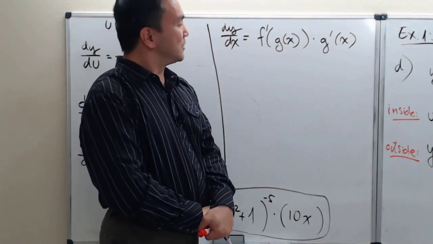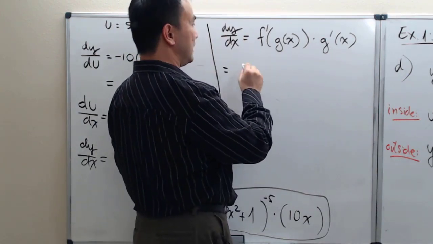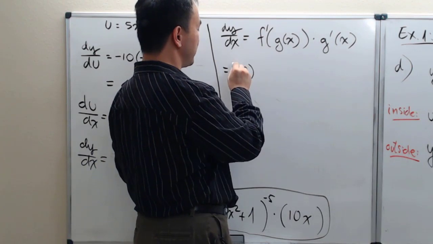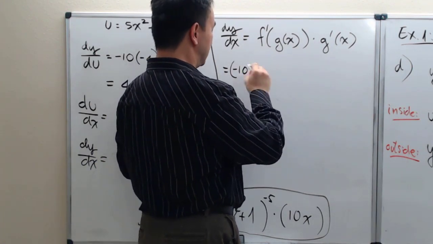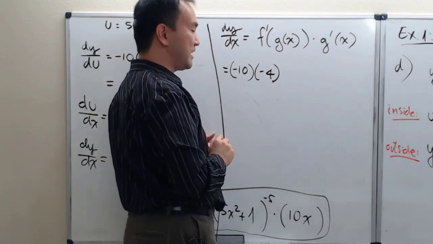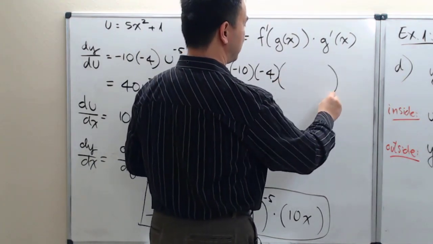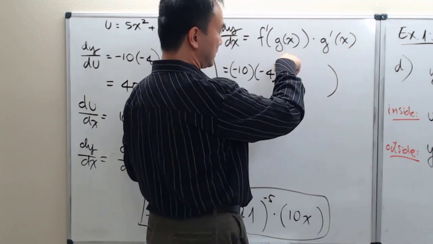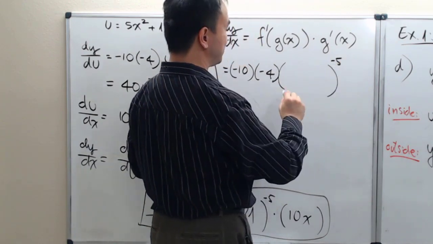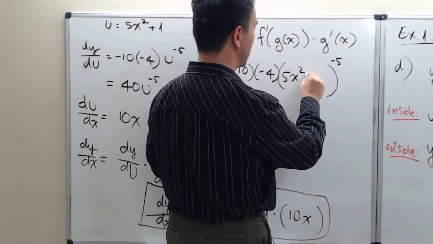And so in that way, f prime is going to be negative 10 as a coefficient of the original function, multiplied with the power negative 4 coming down from the original power, and then for the input for x here, I'm going to purposely leave g inside of that. Negative 5 is here. So now I'm going to leave g, 5x squared plus 1.